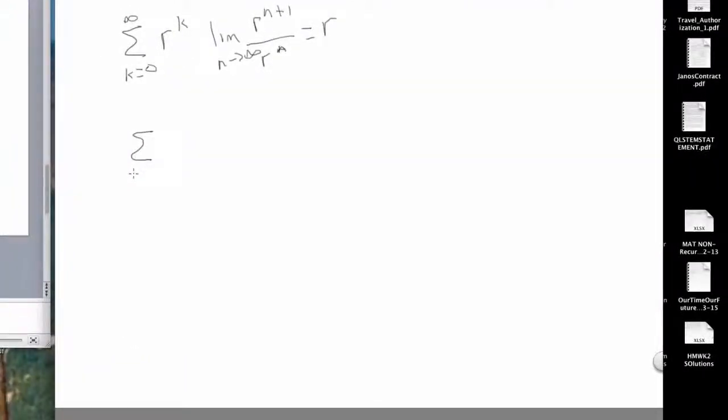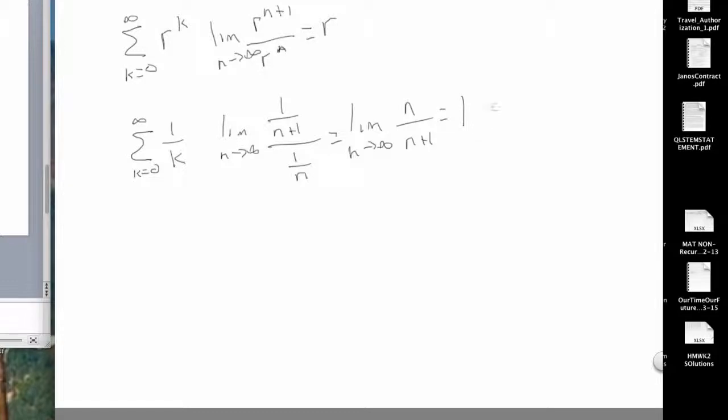For instance, if we look at the sum k equals 0 to infinity of 1 over k, then the ratio test gives us the limit as n goes to infinity of 1 over n plus 1 divided by 1 over n, which is the limit as n goes to infinity of n over n plus 1, which is 1.